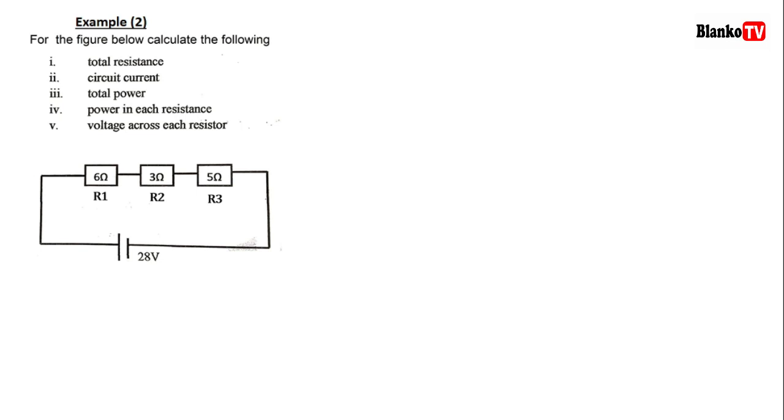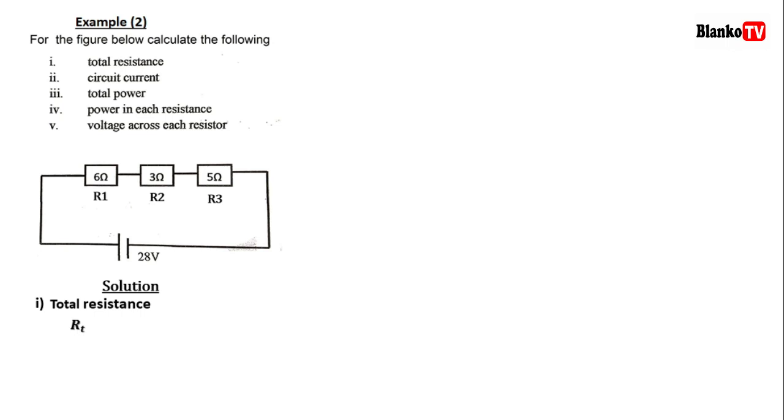So let's move on with the solution. We have to calculate I, that is the total resistance. We have three resistors connected in series, so to calculate the total resistance, RT, we add all the resistors together because it's a series network.